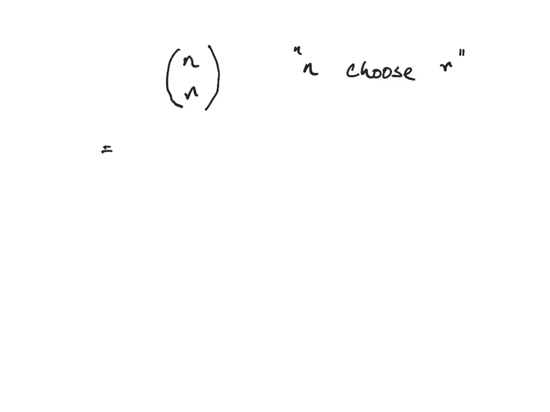And that can be written as n factorial over r factorial times (n minus r) factorial. And on the calculator, that appears as nCr.